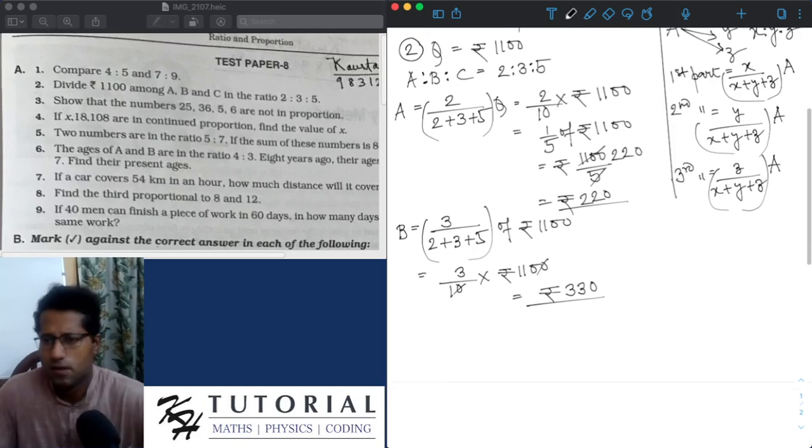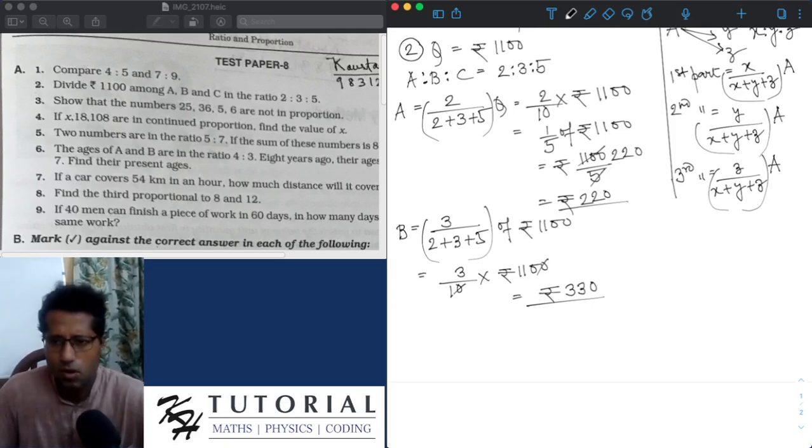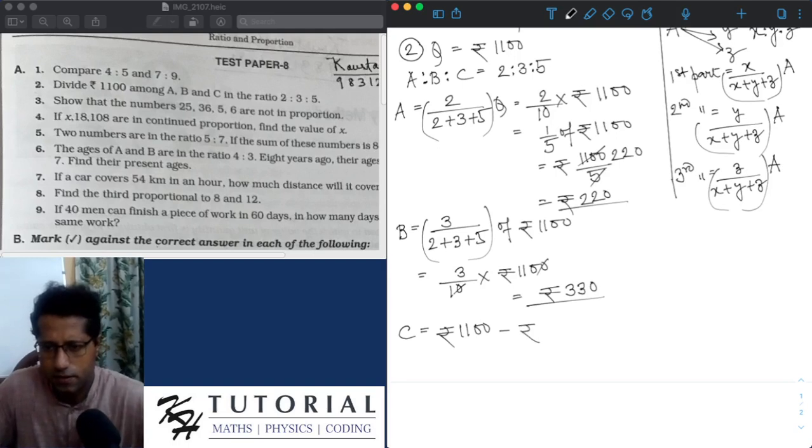Now to find C, one way is you can subtract A plus B from the total amount 1100. C will definitely be the remaining amount, that is rupees 1100 minus rupees 220 minus rupees 330.